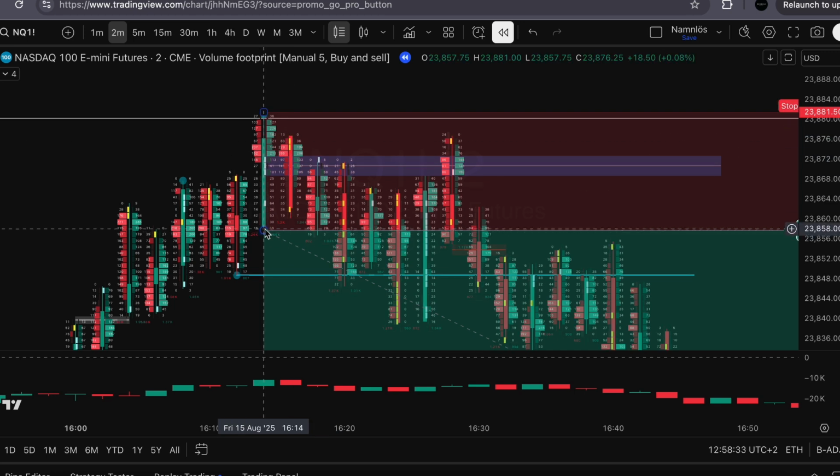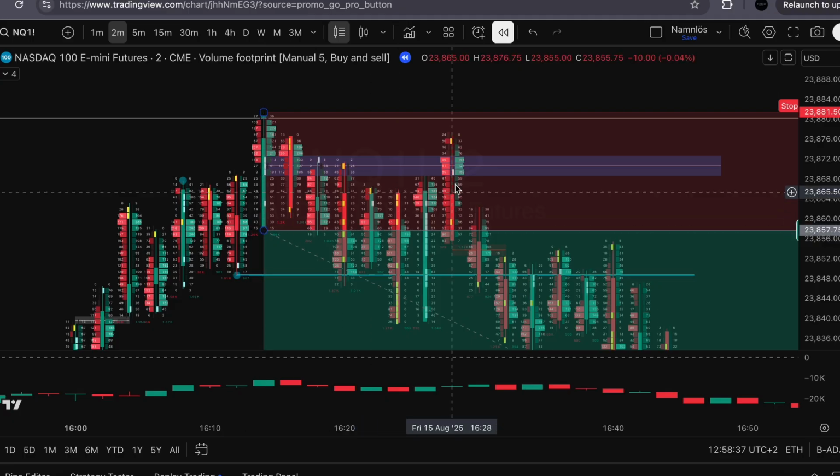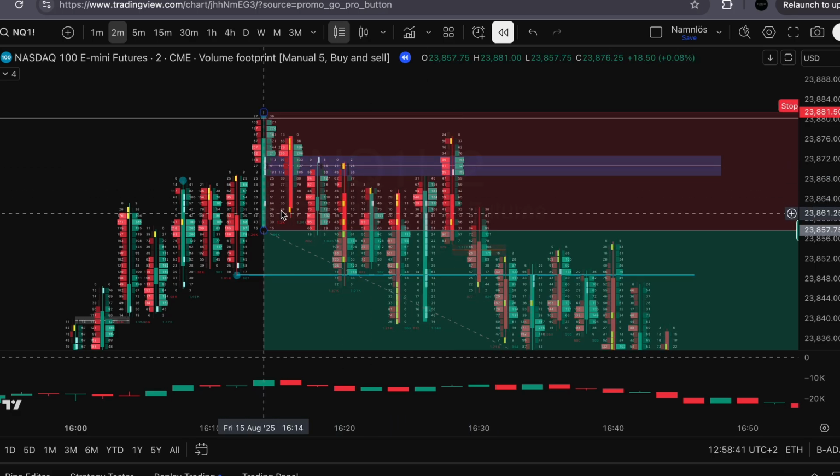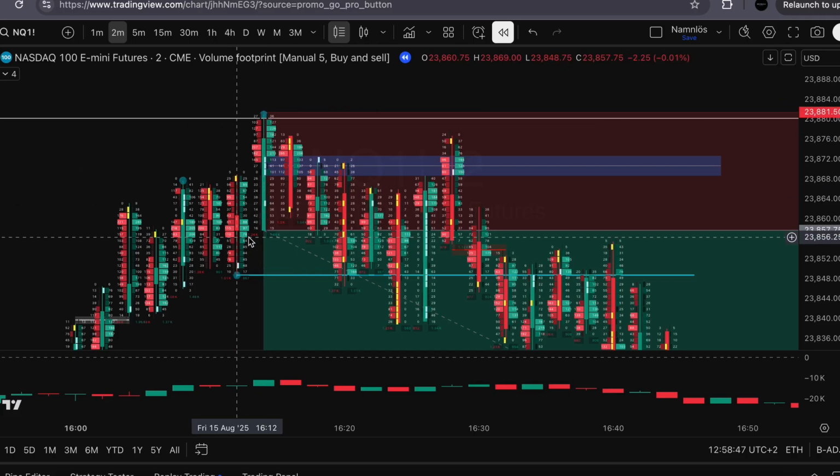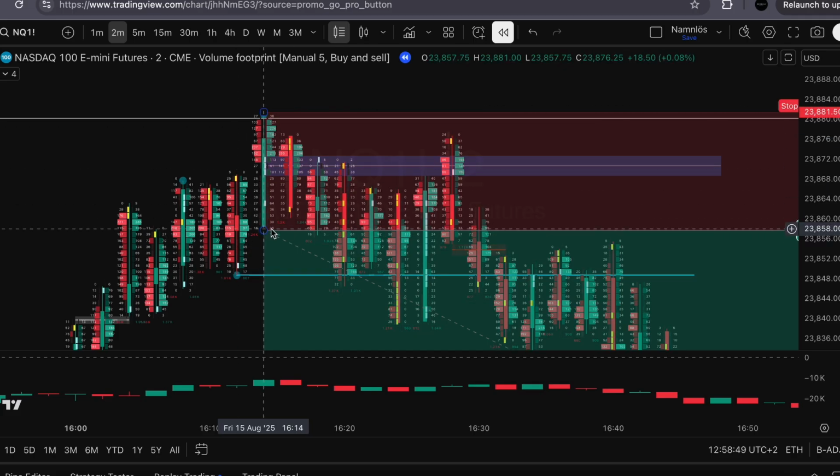If you didn't get in on this one, you could go in on this one, because we already got our confirmation of the change in the trend, and we were looking for lower prices. Because I've seen this many times, I could take the trade right here.